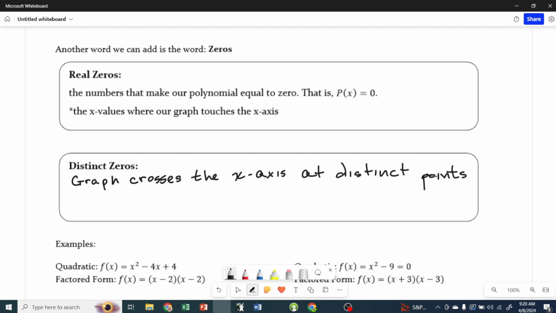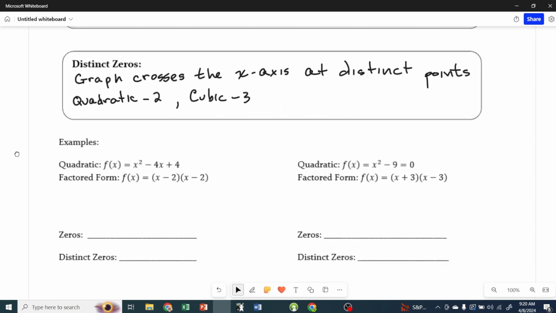So if you had a quadratic function, right, it's going to have 2 distinct zeros. A cubic function would have 3, and so on.